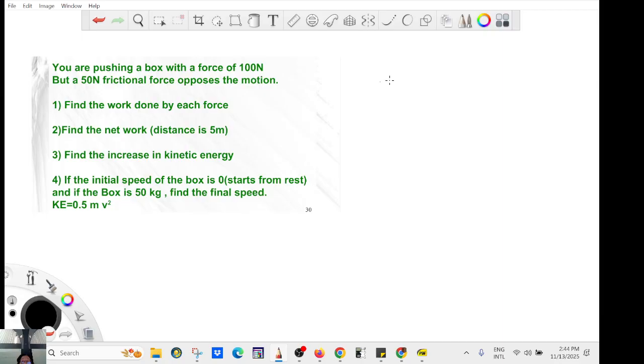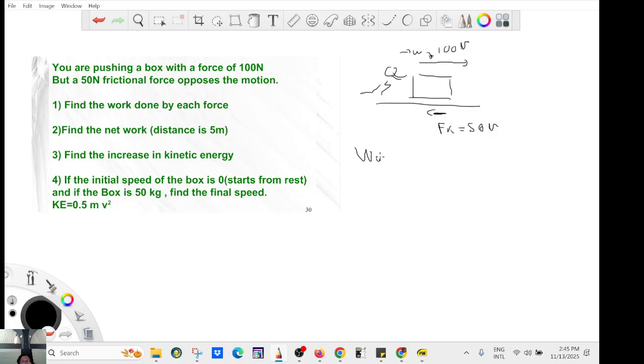Yes, so it's the same story, right? You are pushing a box here with a force of 100 newtons. So you are transferring energy to the box, but kinetic friction, which is always parallel to the path, to the left, is taking away energy.